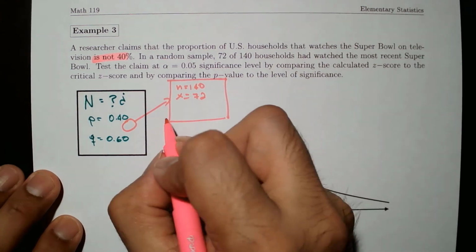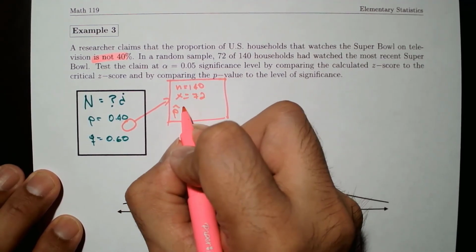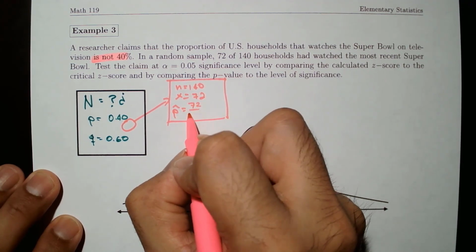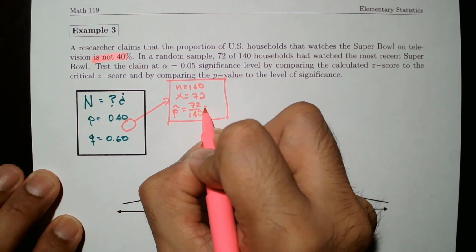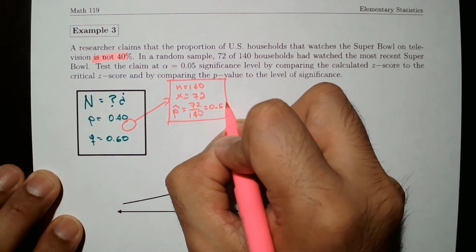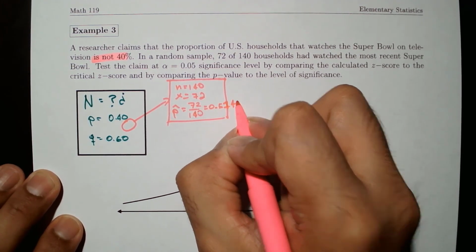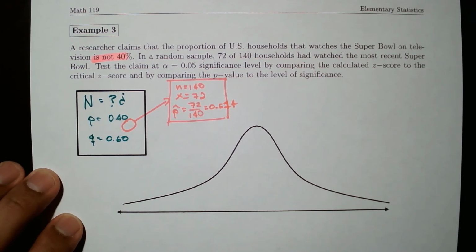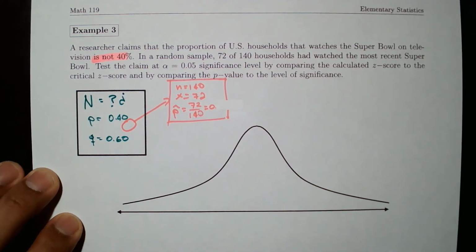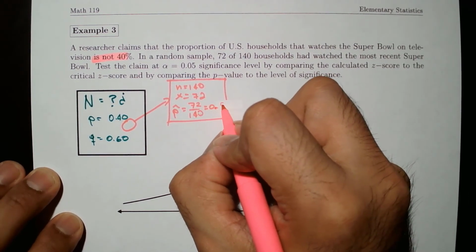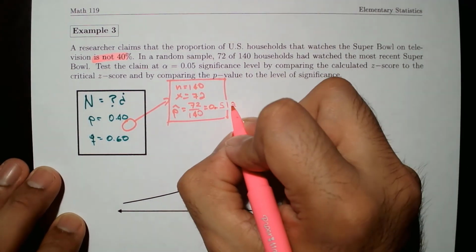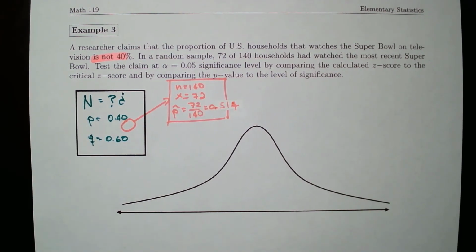So p hat, the quotient between x and n, is 72 over 140, which equals 0.514. Let me fix that: 14, not 12, 14.